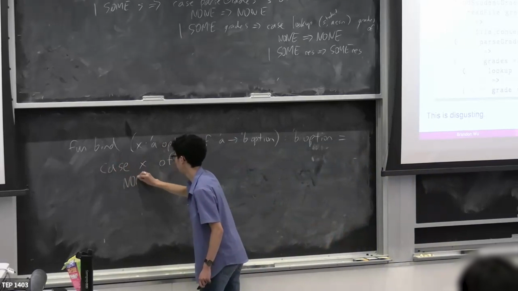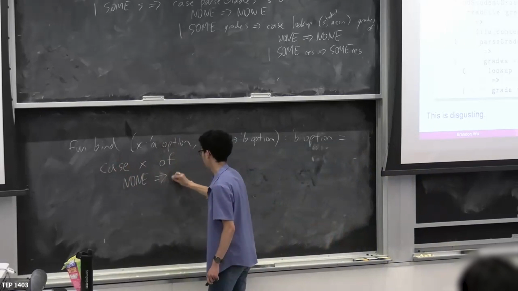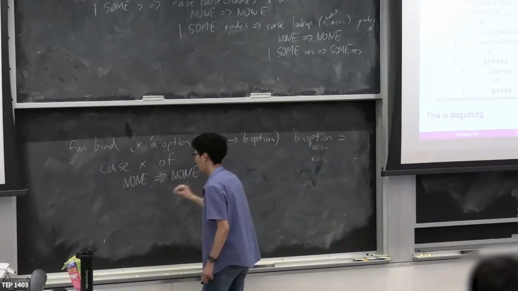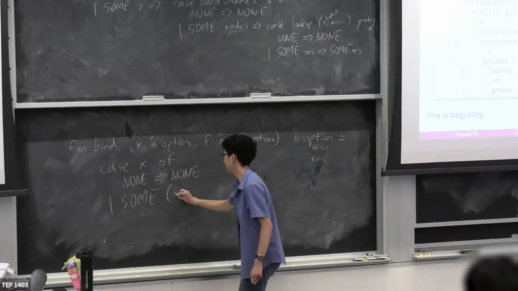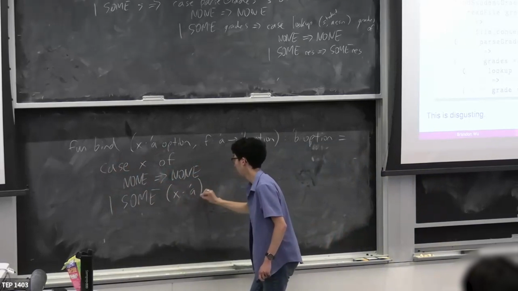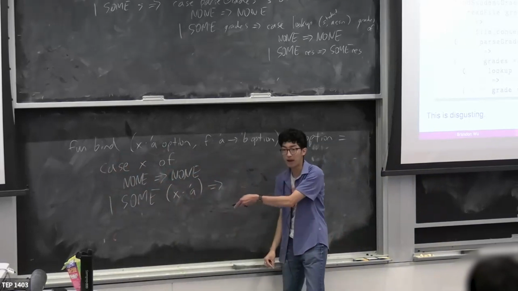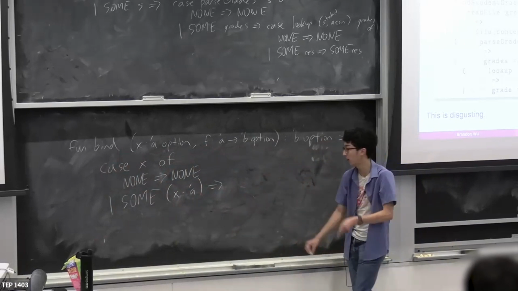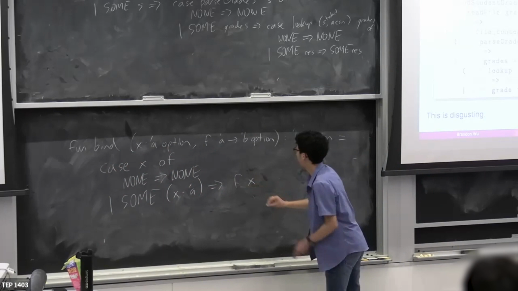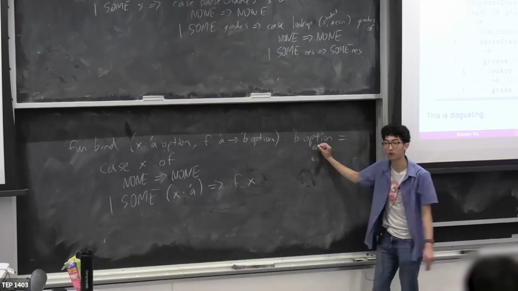If it's none, I return none. And if it's some of x, where this x is of type alpha, right? Because that's how an alpha option works. If I unpack it, I get an alpha. I can now have a function f, which I can call on the alpha, and I will get out a beta option, which is what I purported to return.